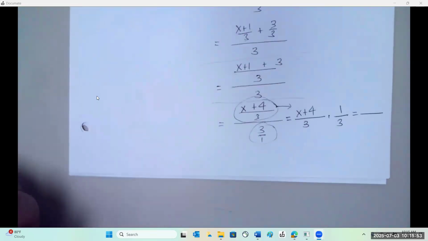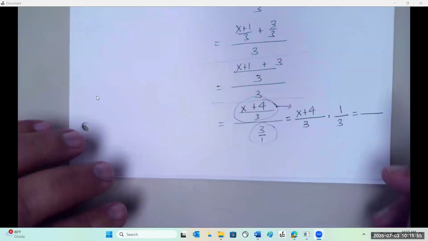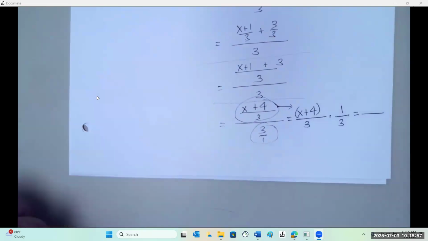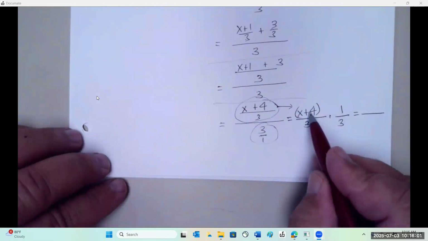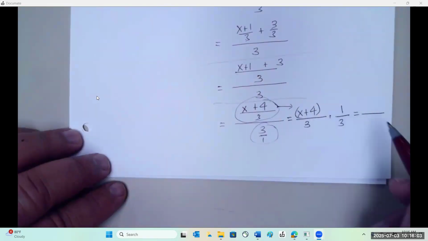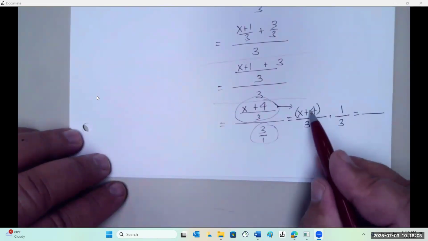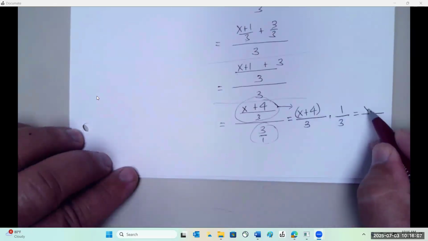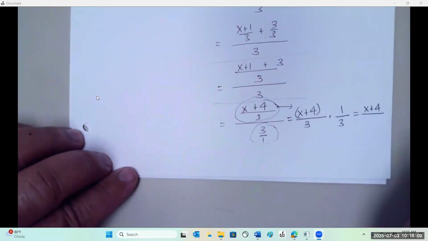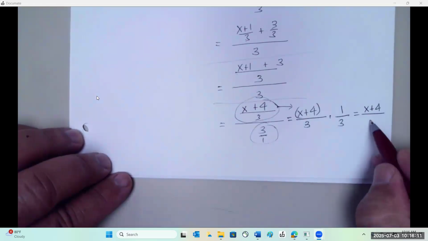When you multiply fractions, before you do anything, can anything cancel on top? No. There's no x plus 4 on the bottom. One's just a 1. So I'll multiply top by top. X plus 4 times 1 is x plus 4. 3 times 3 is 9.